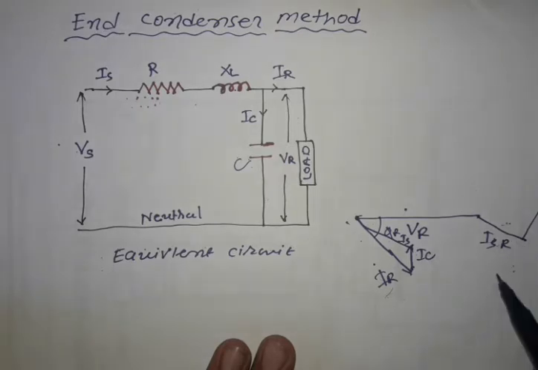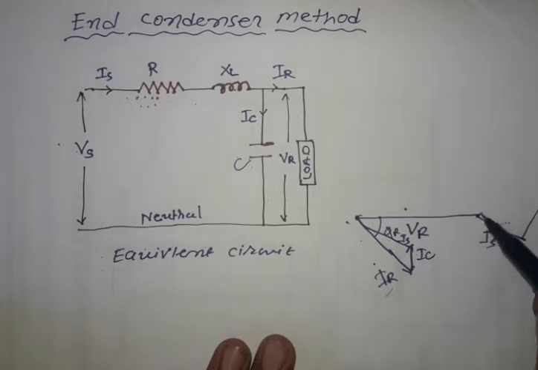Both these drops together sum to IS into Z, so the total impedance drop is here.